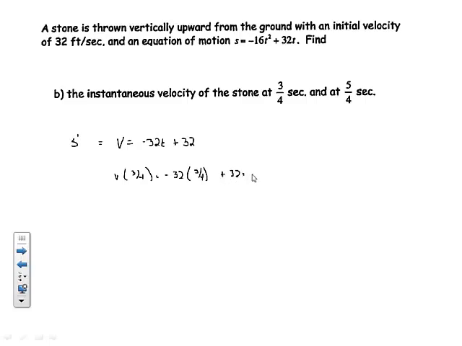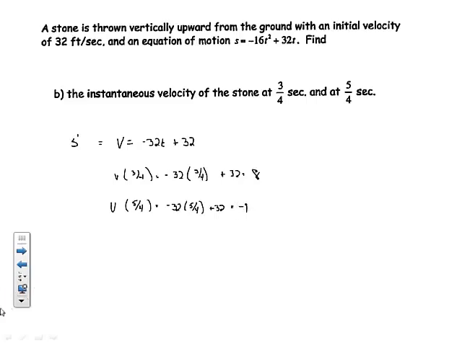Well, that's going to be negative 24 plus 32, so that's 8. And then I can do the same thing at 5/4, and that would be negative 32 times 5/4 plus 32, and that one then is going to be negative 8.